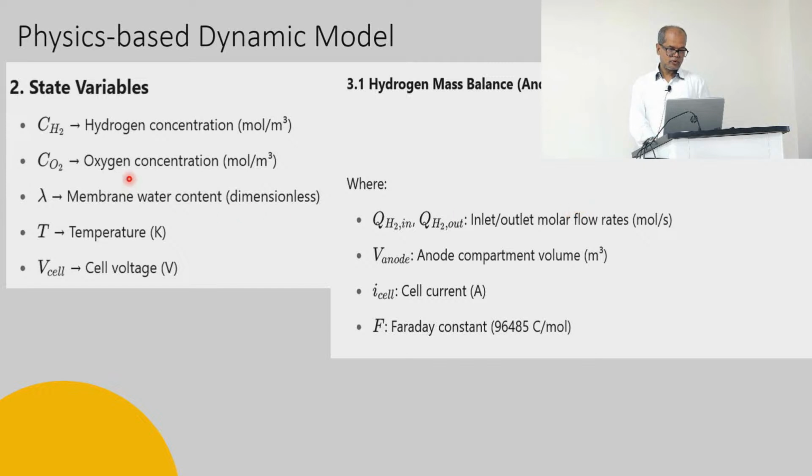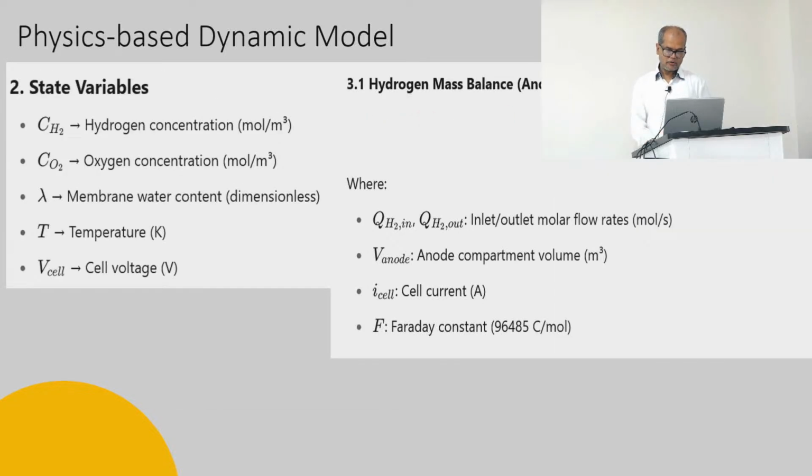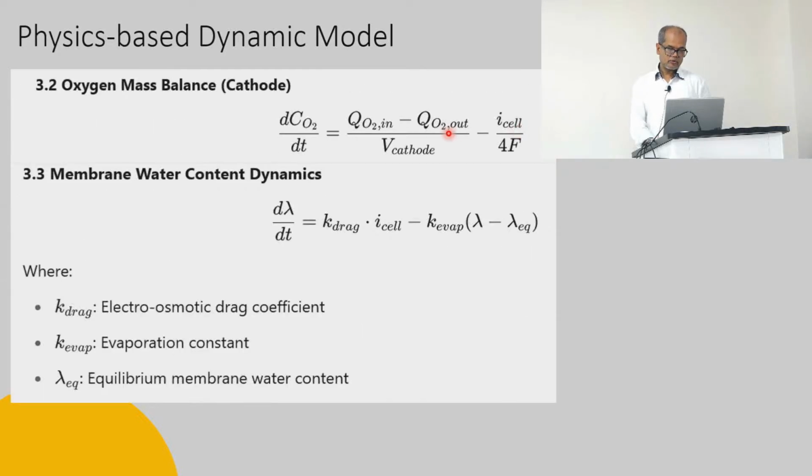And then the next one, oxygen concentration. That oxygen balance equation is quite similar. You have only oxygen in and out instead of hydrogen, because in the anode we have hydrogen input, in the cathode we have oxygen input. The only difference is this is the cathode volume, and the previous one has anode volume. But other than that, all other parameters are quite similar.